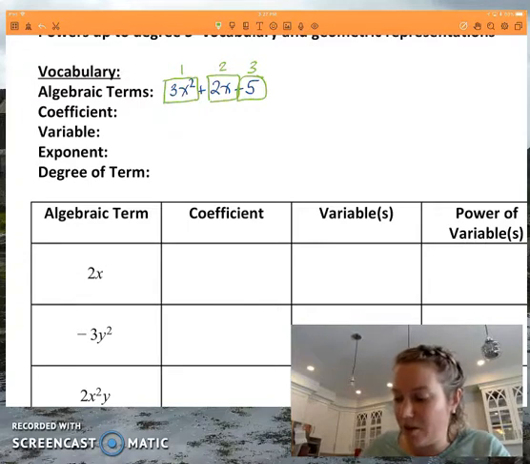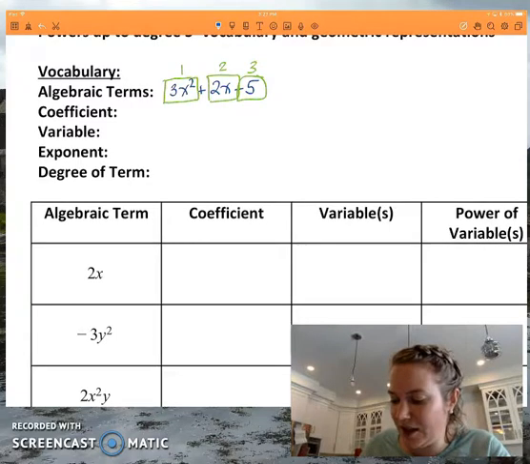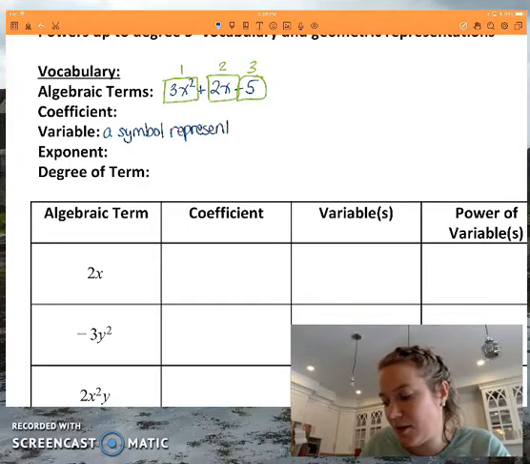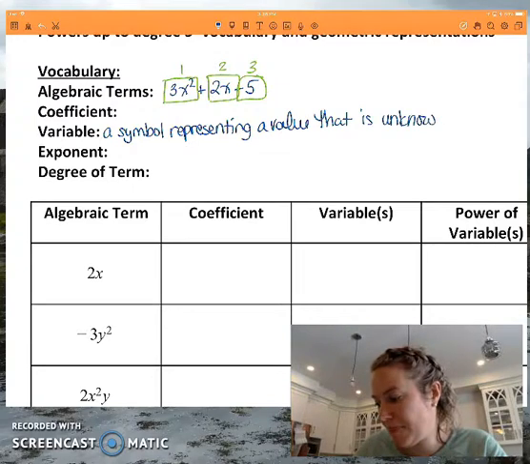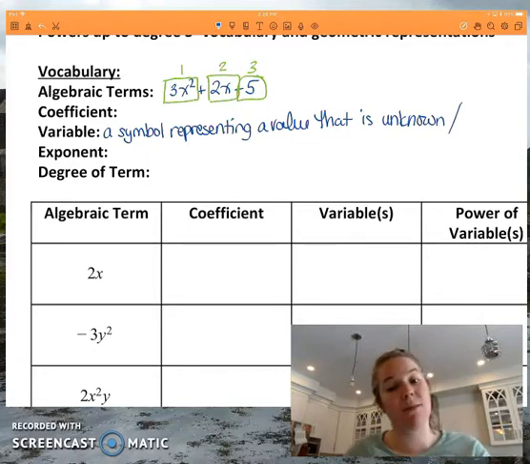So a variable, we're going to skip to variable, is a symbol representing a value that is unknown or changeable. That's what variable means. Vary means to change.